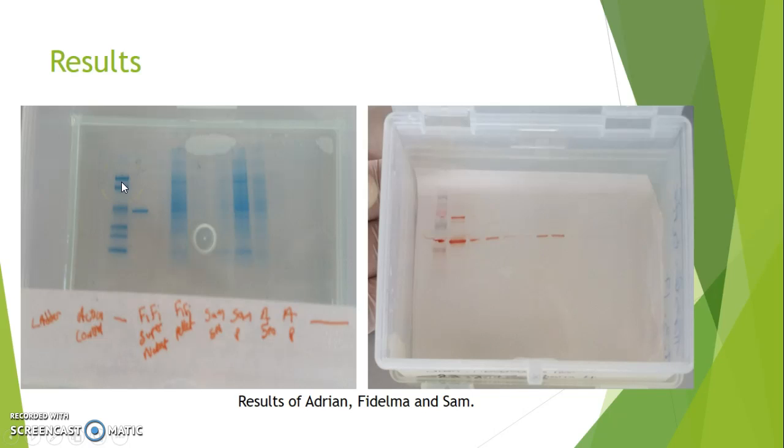On the left is a pre-stained ladder, the pure actin band, a space, Fidelma's supernatant, Fidelma's pellet, Sam's pellet, Sam's supernatant, Adrian's supernatant, and Adrian's pellet, and then spaces follow. In the PVDF membrane, the red-brown bands can be easily seen, which indicates the presence and separation of actin. The molecular weight of actin was determined to be approximately 37 kilodaltons by using the pre-stained ladder.